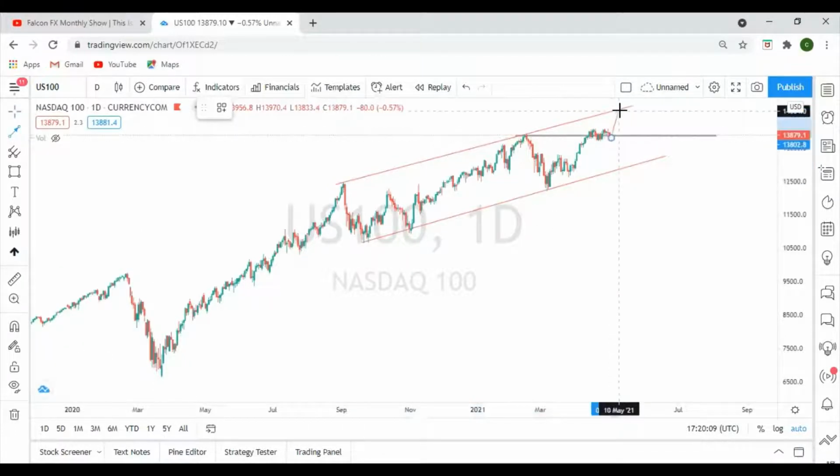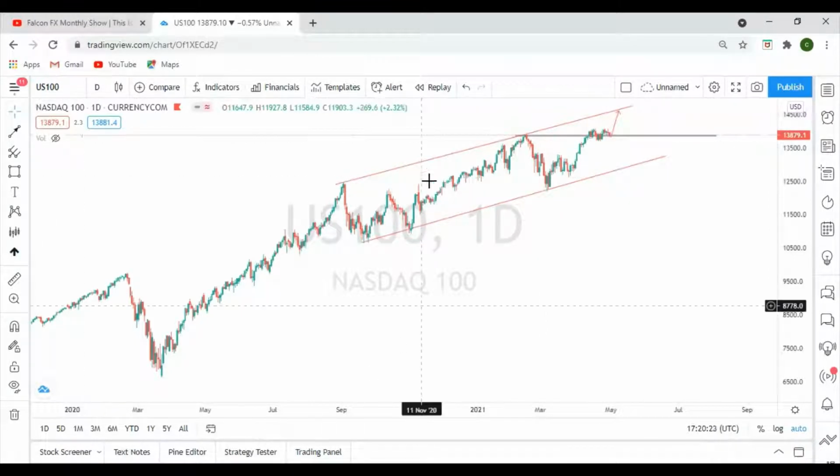We can either have a pretty upside where we are supporting, because we must break this high. So guys, don't get confused, we must move higher than this high, we must break this high.